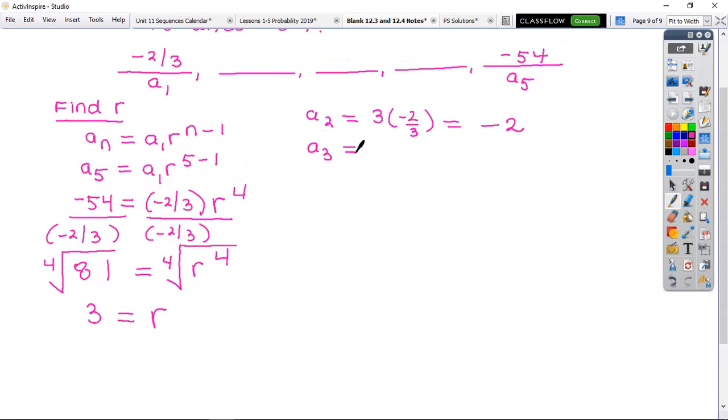And that is equal to -2 times 3, which is -6. And the 4th term is equal to -6 times 3, which is -18. And does it work? Yes. So it always should. It's kind of a nice way to check yourself.